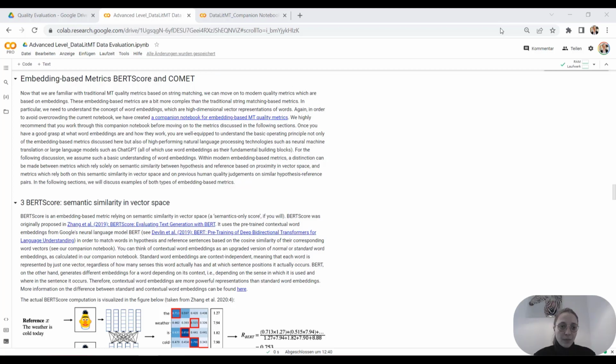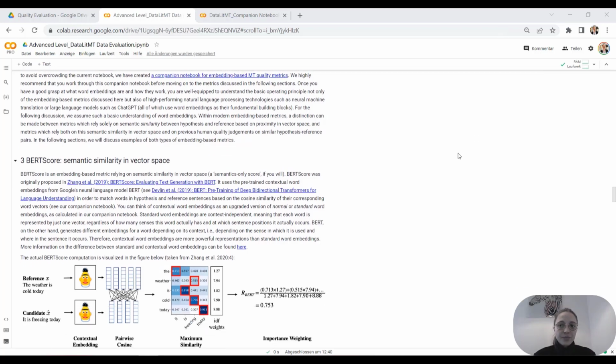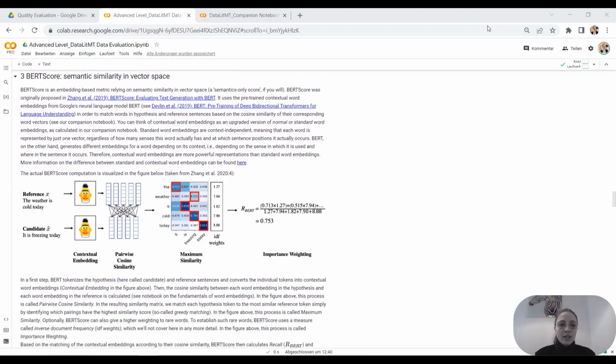The first embedding-based metric that we will look at is BERTScore. BERTScore calculates the semantic similarity in vector space. It was proposed by Zhang et al. in 2019, so not that long ago. And the difference to the word embeddings that we looked at in the companion notebook is that those are standard word embeddings.